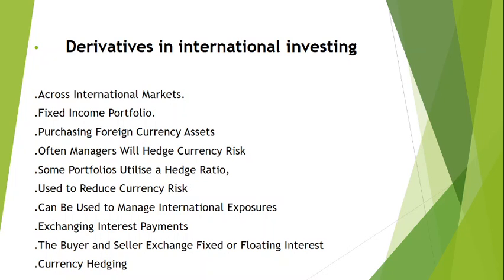A currency swap involves exchanging interest payments and the principal of two different currencies at an agreed date for an agreed price. The buyer and seller exchange fixed or floating interest payments in their respective swapped currencies over the term of the contract and the principal at the termination date.